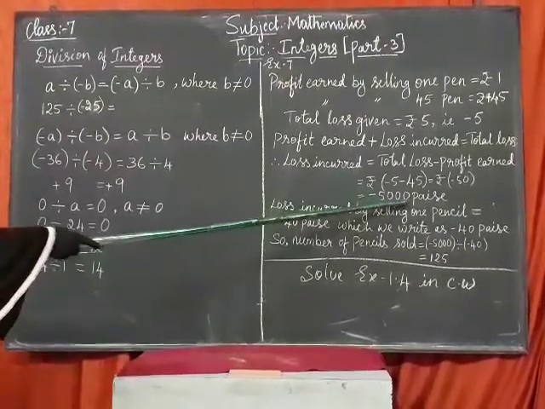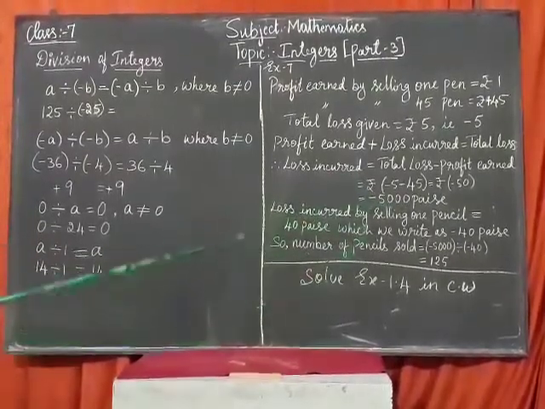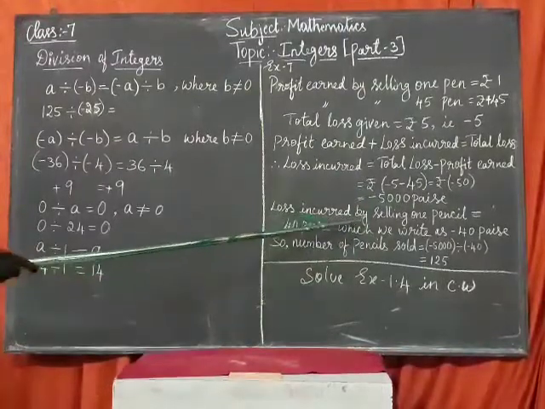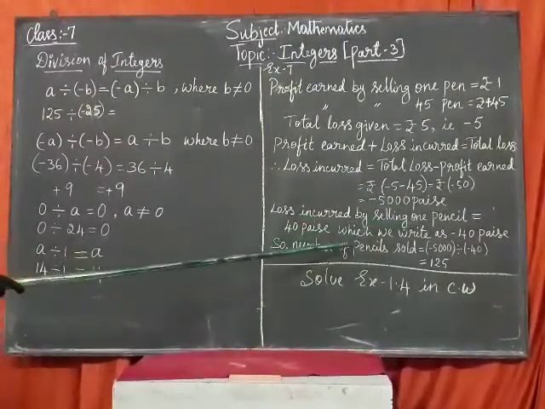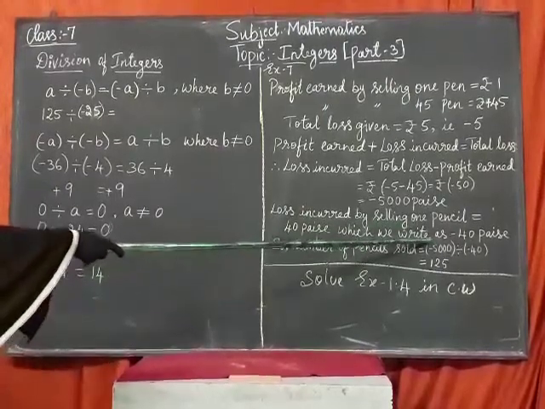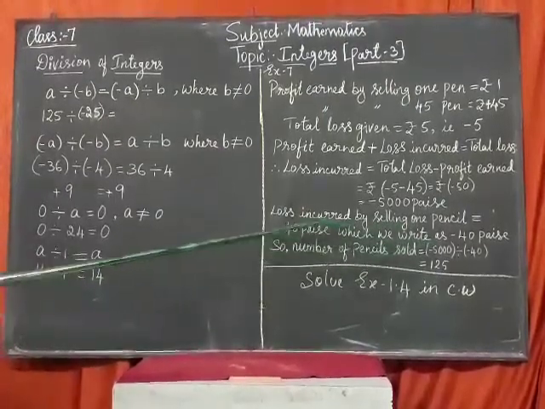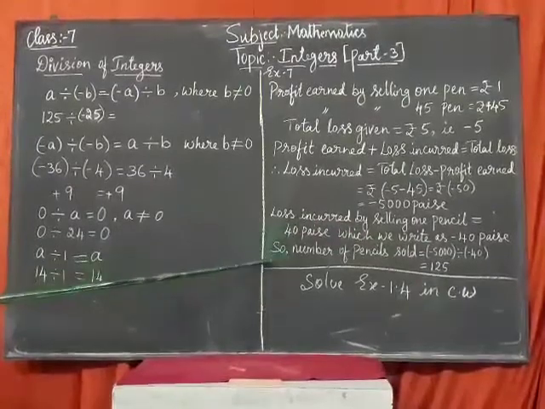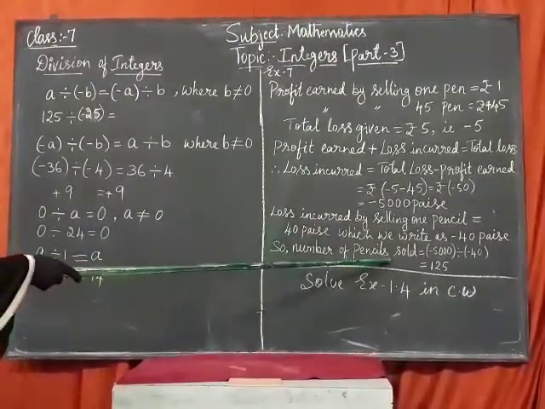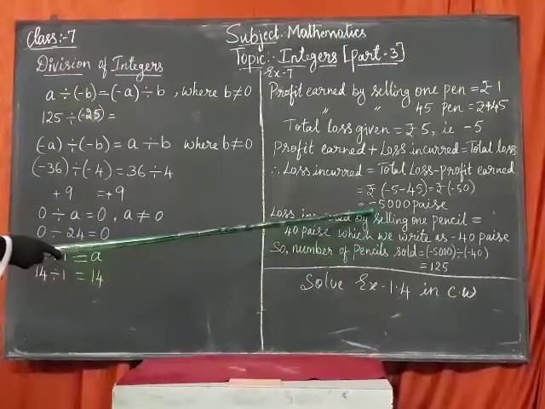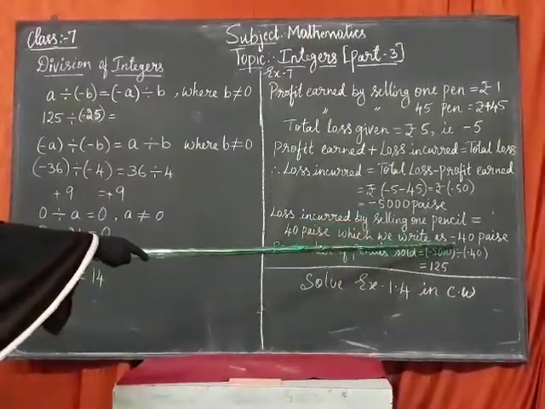As you can see in the textbook also there, loss incurred by selling one pencil is equal to 40 paise, which we write as minus 40. Why minus? Because it is a loss. Then the number of pencils sold, how many pencils might she have sold? That is minus 5000 divided by minus 40.